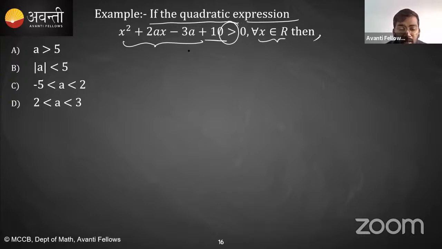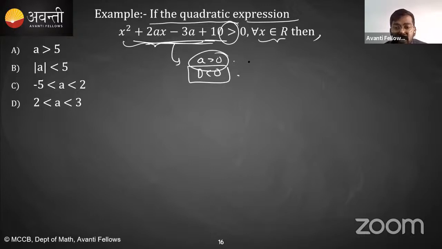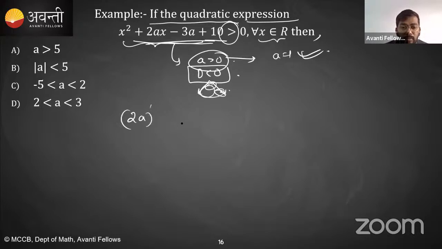So just now we understood when this can be a possible case: when a is greater than 0 and when d is negative. So for the first condition, the coefficient of x square is 1, which is satisfied. Now for d less than 0, we'll try to solve. What is d? d is (2a) square minus 4 into 1 into c, which is minus 3a plus 10. This should be less than 0, right?